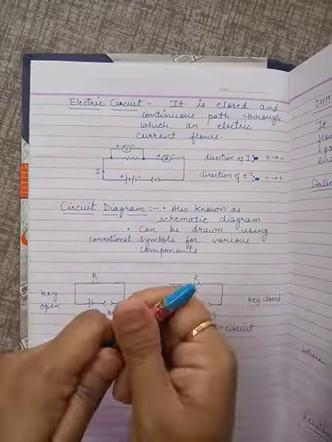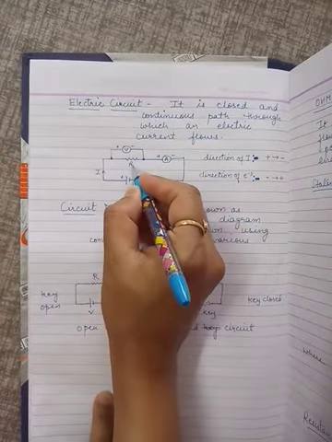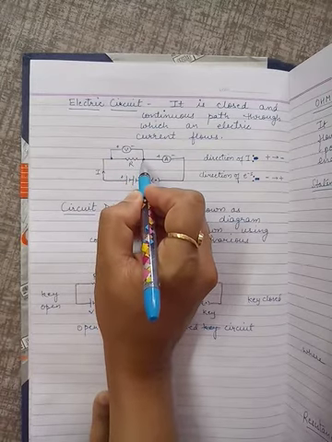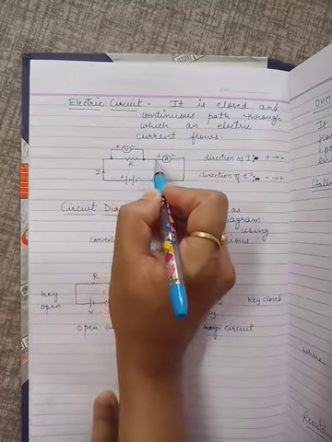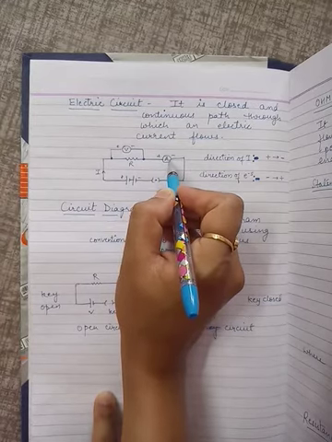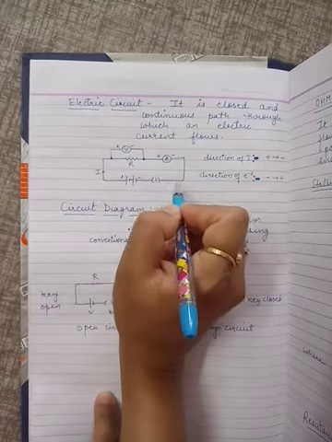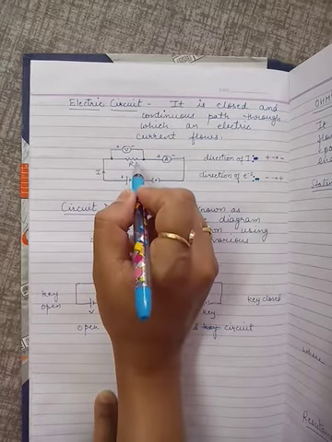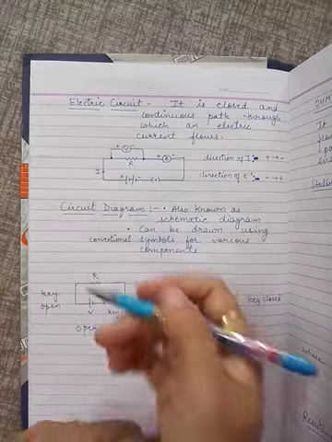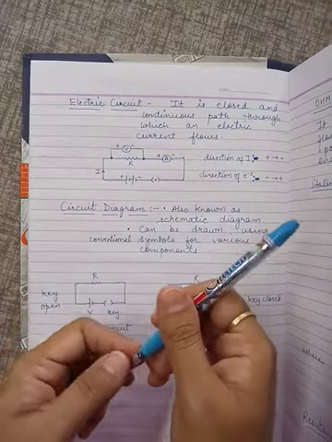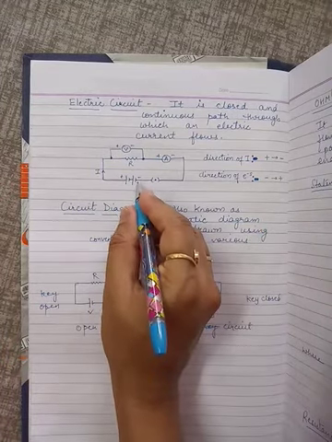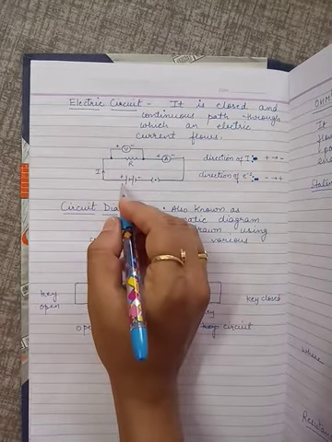And this is the resistor R, and across the resistor I have attached a voltmeter to measure electric potential difference, and in series combination I have attached an ammeter to measure the total current flowing through the resistor R. Then the direction of electrons is from the negative terminal of the battery towards the positive terminal of the battery.